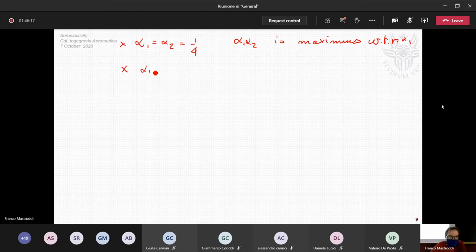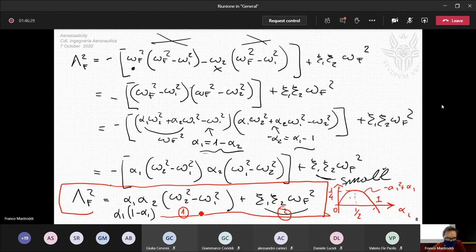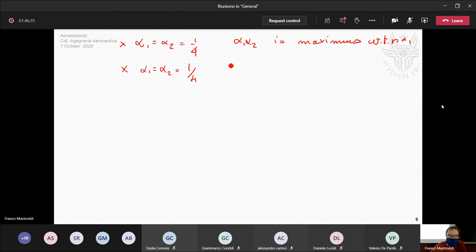When alpha 1 is equal to alpha 2 is equal to 1/4, you have that this quantity here is equal to 1/4 by omega 2 square minus omega 1 square.